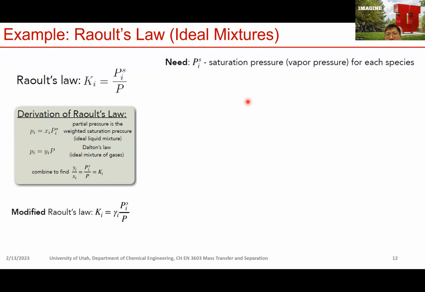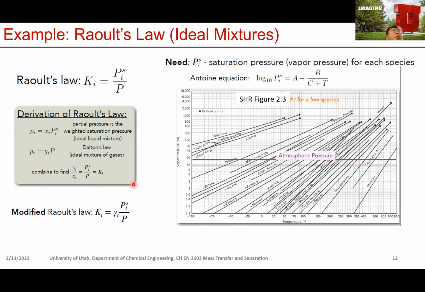So the saturation pressure, which is the vapor pressure for each species, can be computed using Antoine's equation, which says the log of the pressure is dependent on 1/T in this kind of linear format, right?